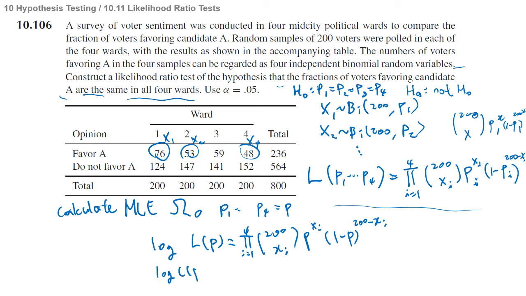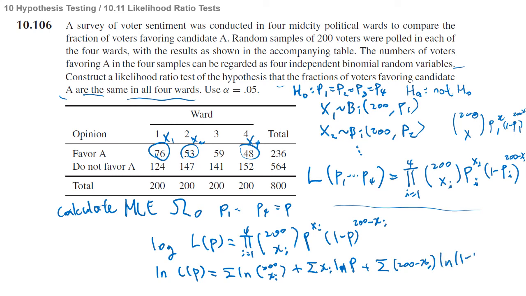The log of L(P) is the sum of log 200 choose xi, plus the sum of xi times ln p, and plus the sum of 200 minus xi times ln 1 minus p.